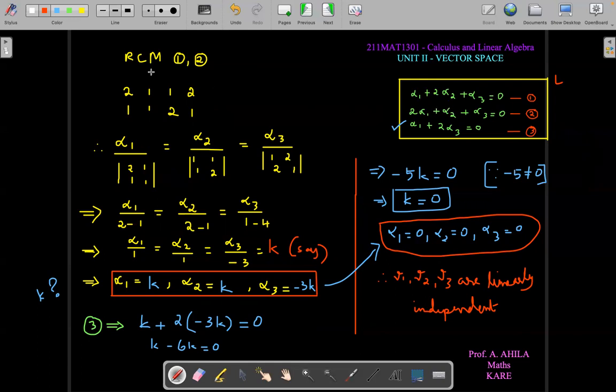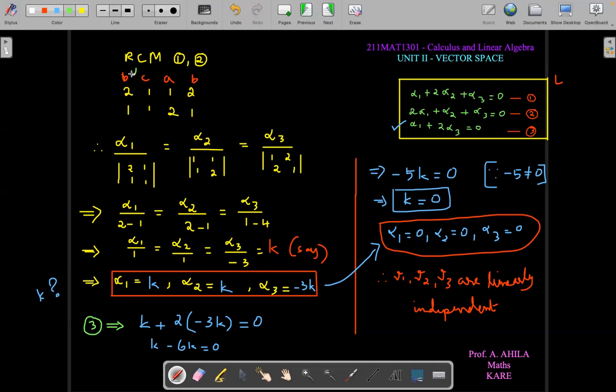So considering the rule of cross multiplication for equations 1 and 2, I write the coefficients of alpha 2, that is 2, 1, and 1, 1 here. And then the alpha 1 coefficients, 1, 2, and 2, 1. You keep the pattern B, C, A, B like this.